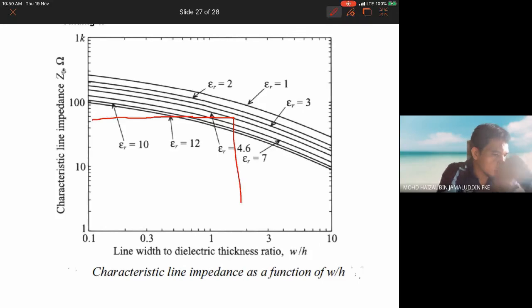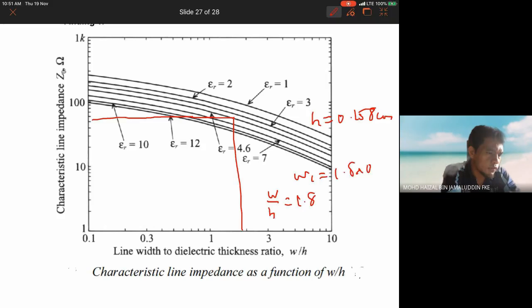This is just approximation. In this case, the ratio of W over H is around 1.8. You know the height of the substrate is 0.158 centimeter, so W is 1.8 times 0.158 centimeter.